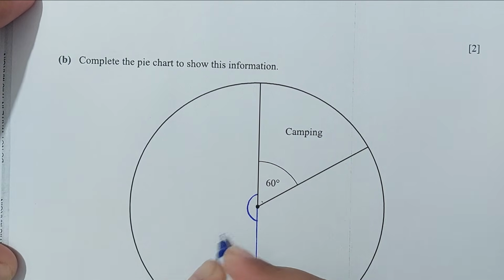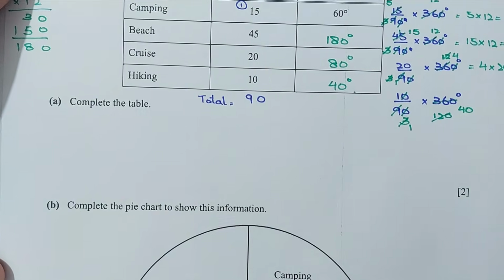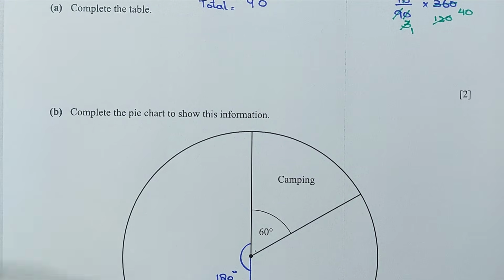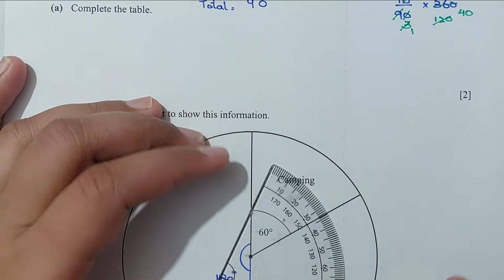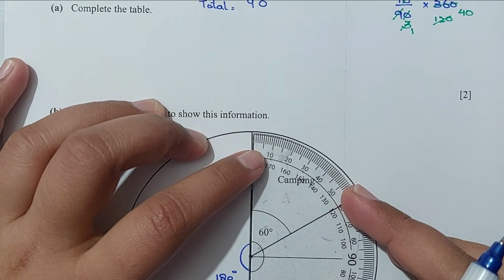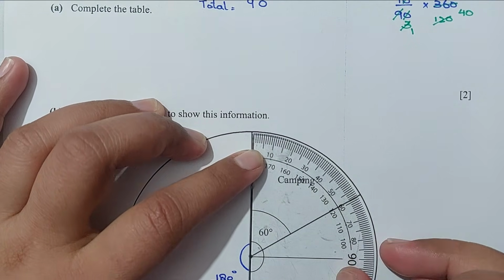This whole is 180 degrees, and this one is for the beach. Okay, the next one is for the cruise, which is 80 degrees. Now the next one is for 80. Where do we have 80?